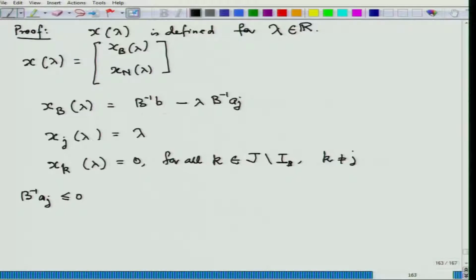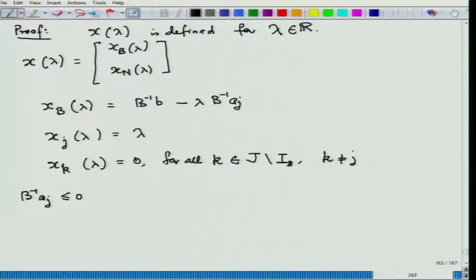If B is a feasible basis, it means B inverse b is greater than or equal to 0 by very definition, which is basically nothing but the x_B of the BFS associated with this basis B.